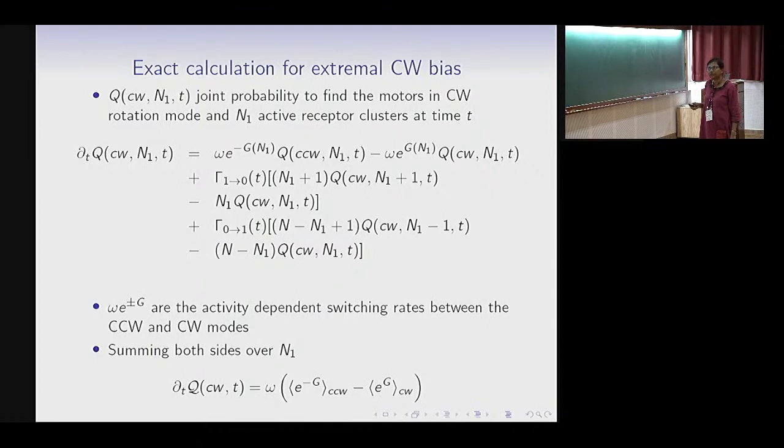However, when you sum over all N1, all these terms containing N1 transitions cancel. And you finally have a simpler expression. Here this Q_CW(t) is the exact quantity that we measure, the probability to find the cell in the tumbling mode at time t. And this quantity has this simple form, and when t is equal to TCW, when it is hitting the extremal point, the time derivative should vanish. So these two things should be equal.